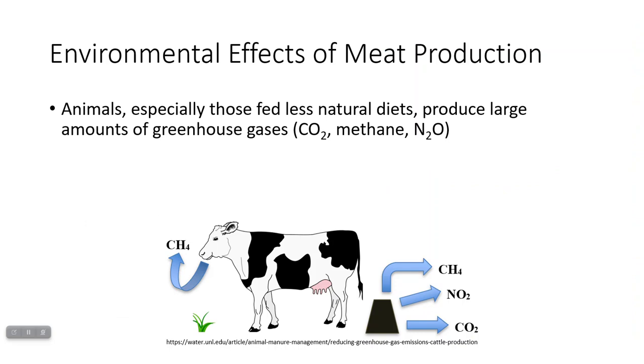So what are some of the environmental impacts of meat production? Well, if you take a cow and you feed it a bunch of corn, that doesn't agree with its digestive system. If you've ever known somebody who's lactose intolerant who eats dairy products, oh, they get gassy. Same thing happens to cows when you feed them a diet that's mostly corn. And so you may have heard of cows burping methane or farting methane.